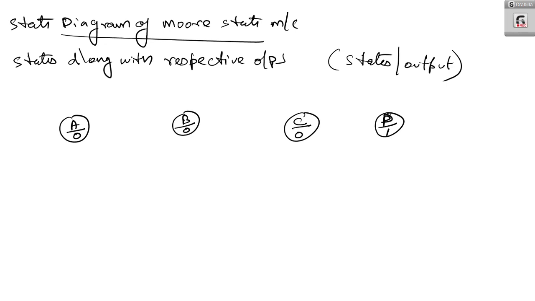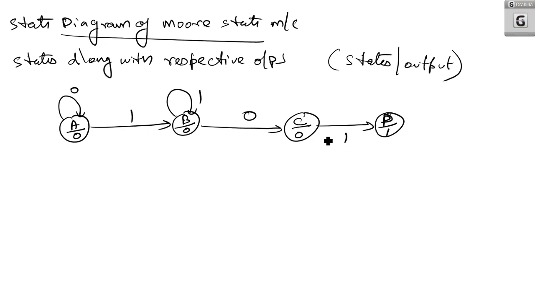Now, what happens? When input is 0, it will come back to A itself. When input is 1, it will go to B. Here when input is 0, it will go to C, and when input is 1, it will come back to itself. I am giving an example; we can write any number.